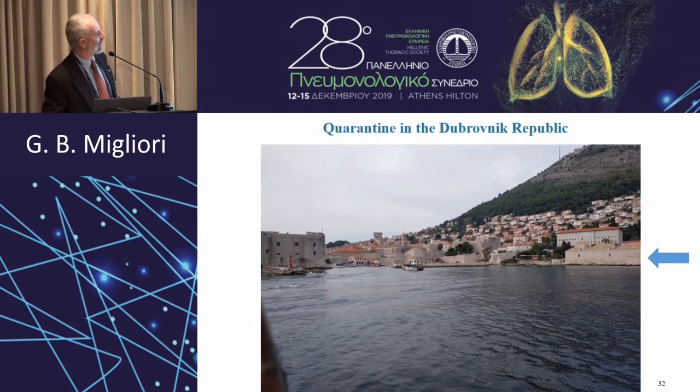Okay, this is interesting. This is Dubrovnik. It's a picture I took entering the harbor of Dubrovnik. This was an ancient republic, right? And then they created, several centuries ago, a quarantine structure. It was a kind of hotel, pretty nice. It was not a prison, it was more like a hotel. All ships coming from the Far East, et cetera, were obliged, everyone knew, so it was quiet, to enter the building and stay in room number 1 for the first week.